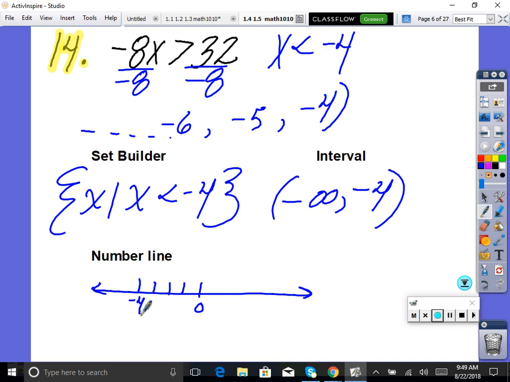I only care if you label that. And then it points that way. Makes sense. So we're going to start here, point it that way, and it's not including. So you can put a parenthesis or an open circle. Done. Next one. Don't take notes. Yes. No. Because it's not including negative 4. See how there's not an equal sign right here? Good question. I like it.